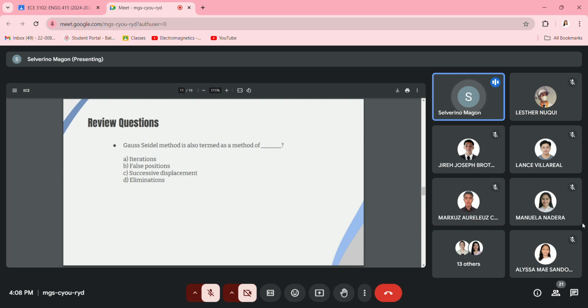Okay, so for the next question, your turn. The Gauss-Seidel method is also termed as the method of which of the following? So you can post your answers in the chat box based on the previous slides.